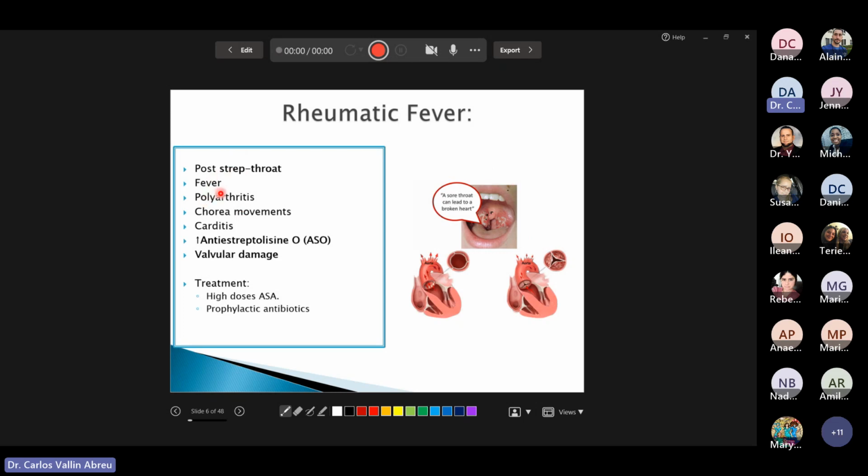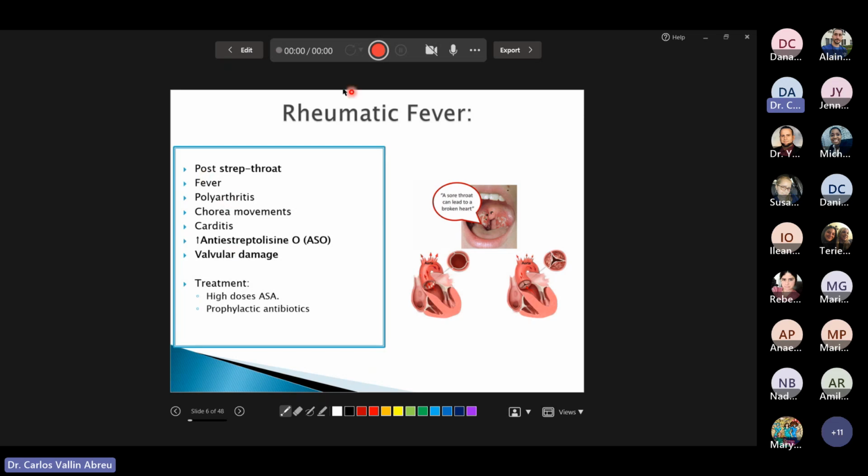Only as a curiosity, know that this produces fever, rheumatic fever, and produces arthritis, rheumatic, to know why it's called rheumatic fever. Understand that it's a consequence of a sore throat, possibly a neglected streptococcal infection, and the consequence is this valvular damage.